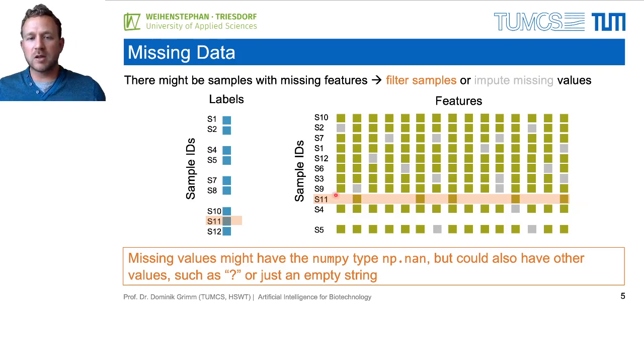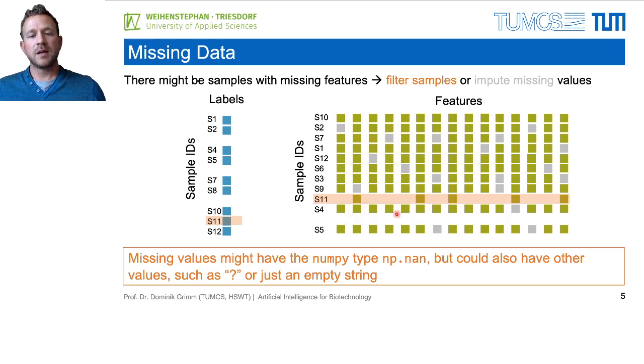We could filter out the sample, and then we also have to filter it out from the labels. That would be one possibility, and the other possibility would be that we impute missing values. The word imputing means that we try to infer what the value of this feature for this sample would be, based on the information we know from the others.